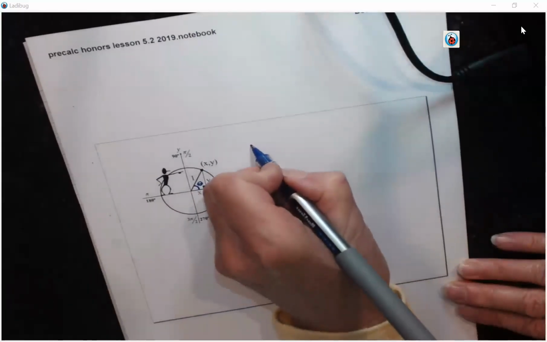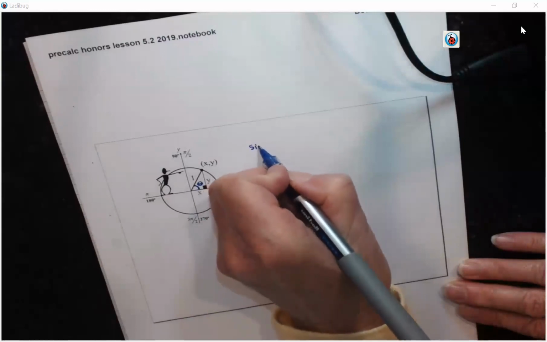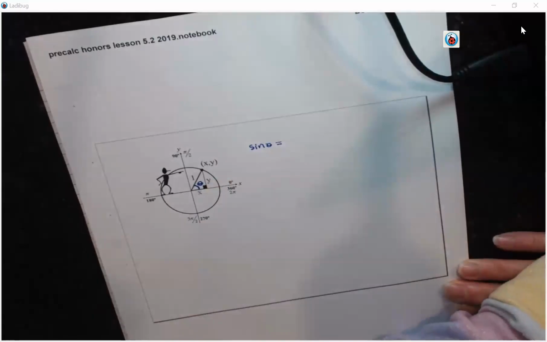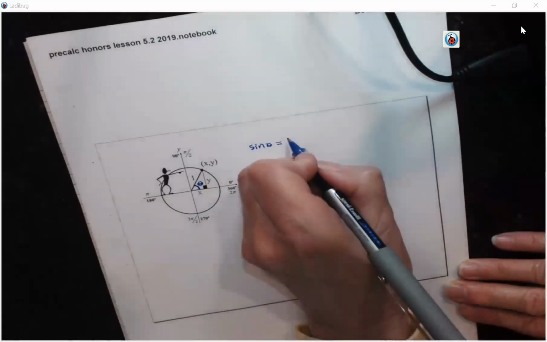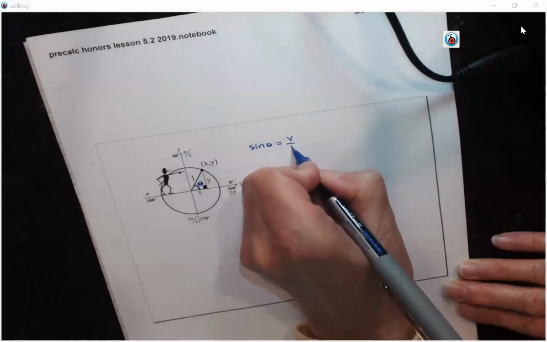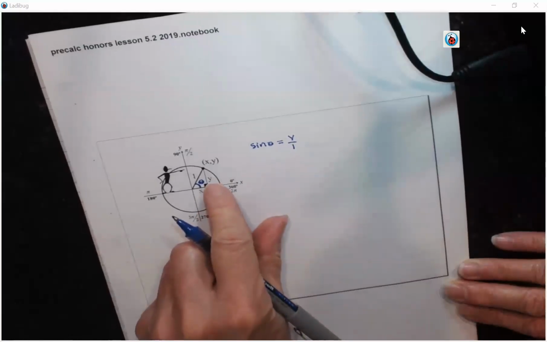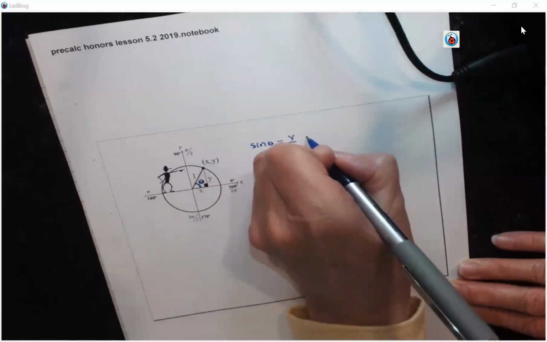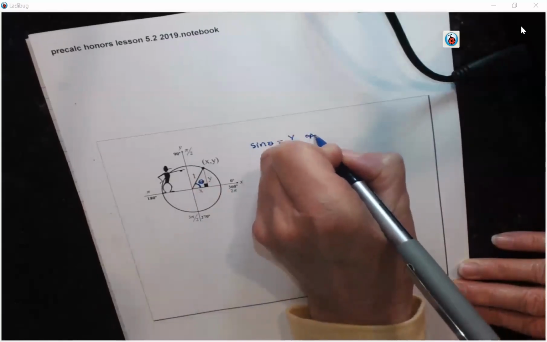So if we look at the sine of theta, you should remember that is the opposite over the hypotenuse. And in this case, it looks like y over 1 because the side opposite has length y and the hypotenuse is 1. So I'm going to write opposite over hypotenuse.